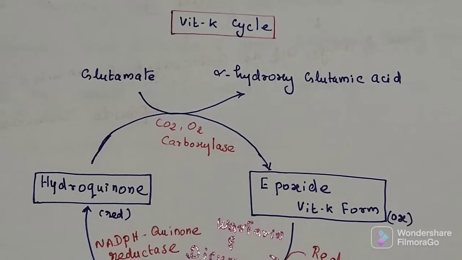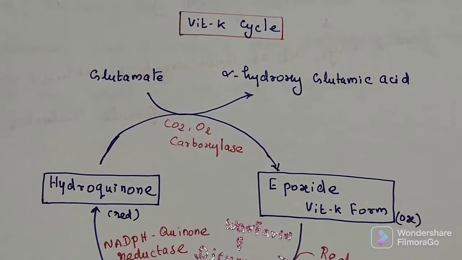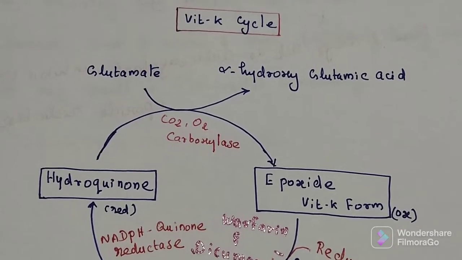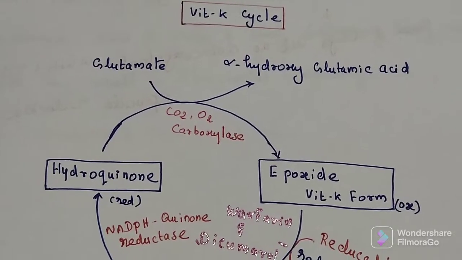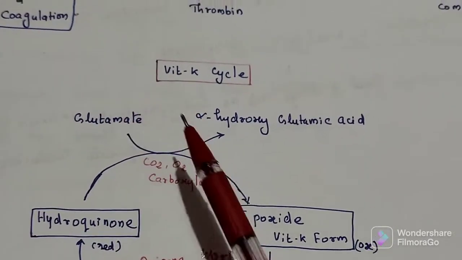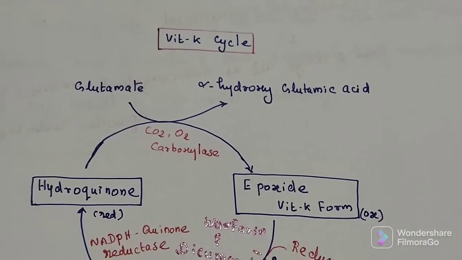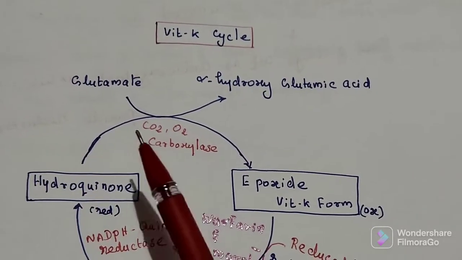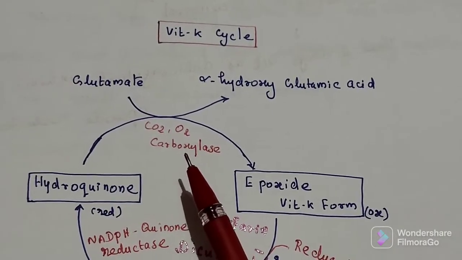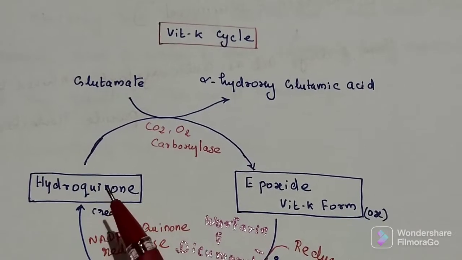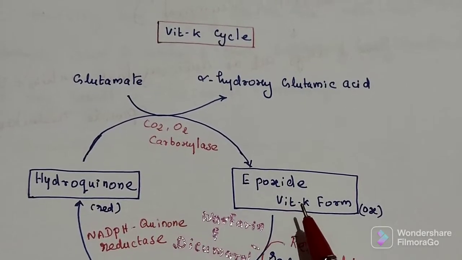Vitamin K cycle. In this, the hydroquinone or reduced form of vitamin K causes carboxylation, in which glutamate is converted into gamma carboxyglutamic acid. It requires carbon dioxide, oxygen and carboxylase. The hydroquinone form is converted into the epoxide vitamin K form.